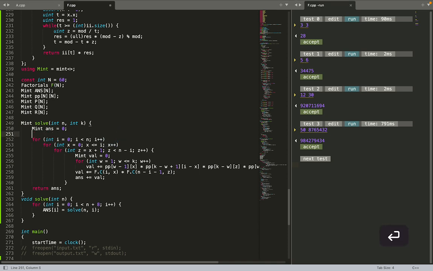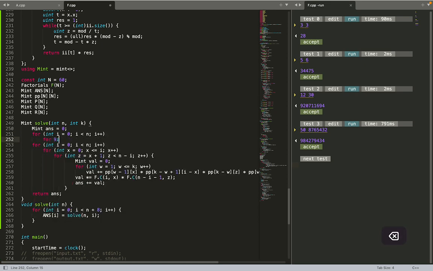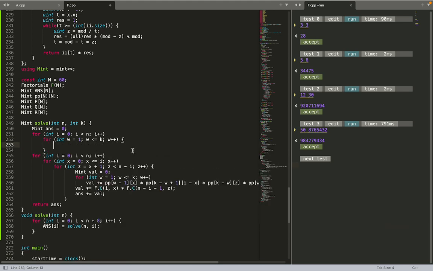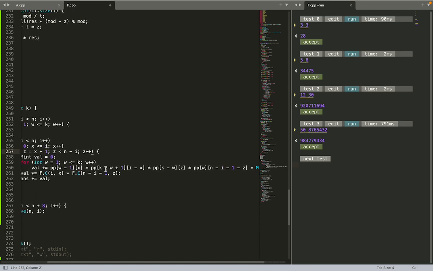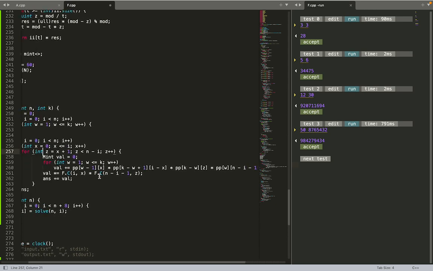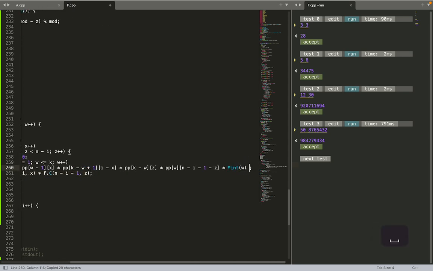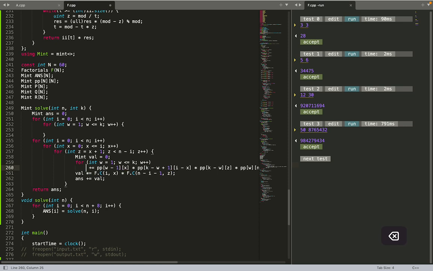Yeah, okay. So we'll fix i and w, and then for fixed x, or for fixed z, for example, we want... Yeah, instead of writing that, I could have just written multiply by this and just added it straight to the answer.